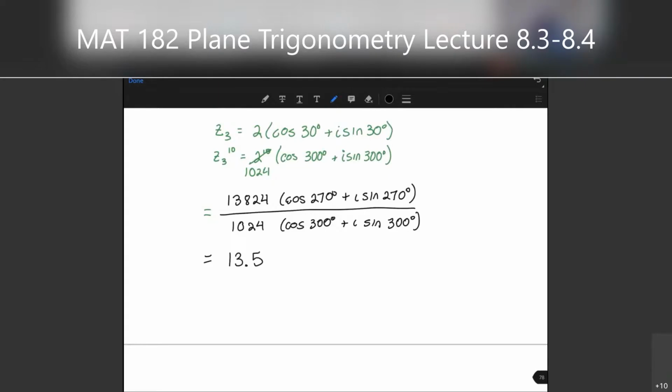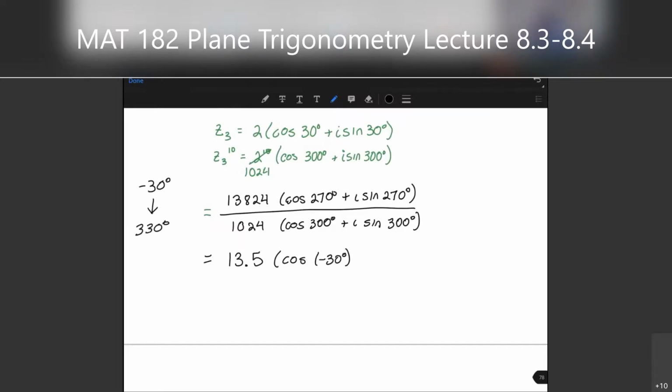If I do the angle here, notice if I do a subtraction of angles, that's going to be cosine of negative 30 degrees. What's the equivalent angle that's coterminal to negative 30 degrees? That would be, yeah, equivalent to 330.